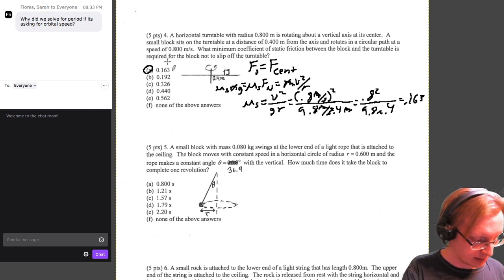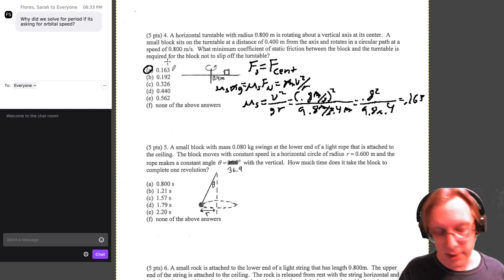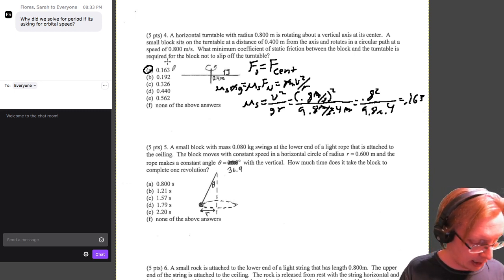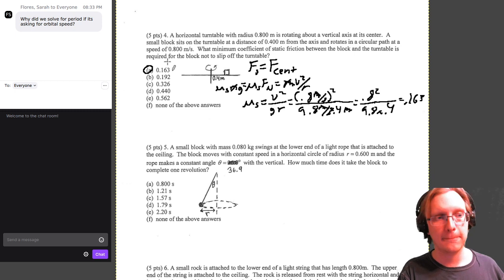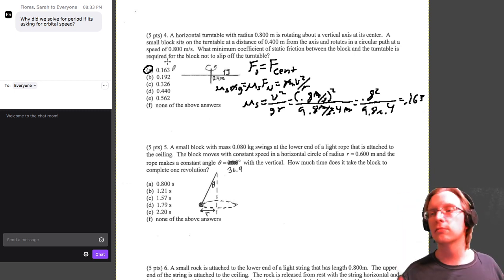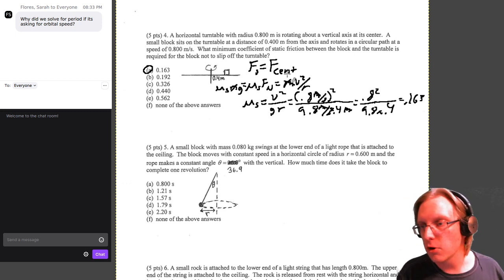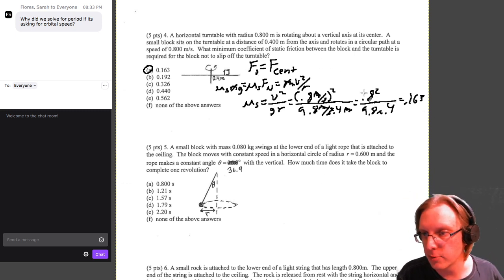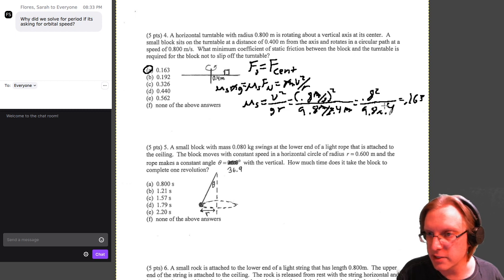Just out of curiosity, with 0.8 in the radius, nope, it's not there. Huh. I would have put it there. Well. So then, of course, mu can be greater than this, but this is the minimum necessary to keep this thing from sliding off.